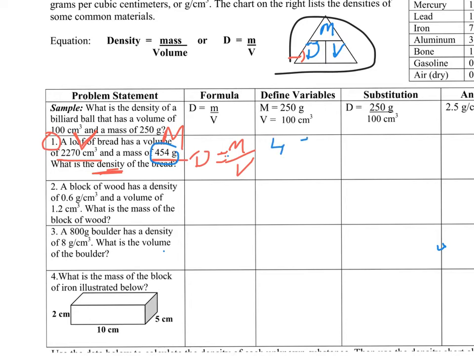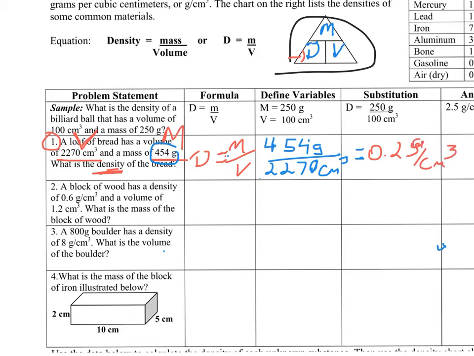So 454 grams divided by 2,270. Let me try the other times. Hold on. Okay, now if you clear your calculator, 454 divided by 2,270 is going to give you 0.2 grams per centimeters cubed.